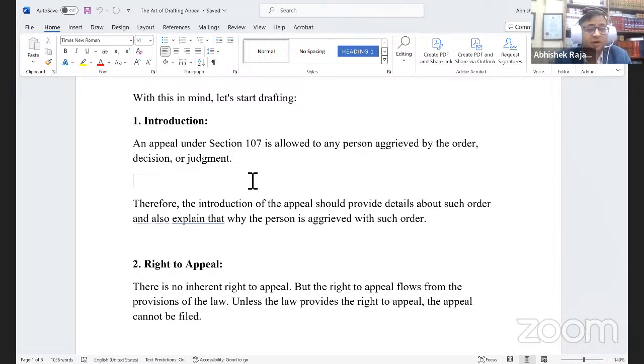Let's say a notice was served to you on 28th of September 2023. The date of personal hearing was given as 10th of October and the last date to submit reply was 28th of October. Now, if we go with these timelines, the personal hearing on 10th of October is of no use.